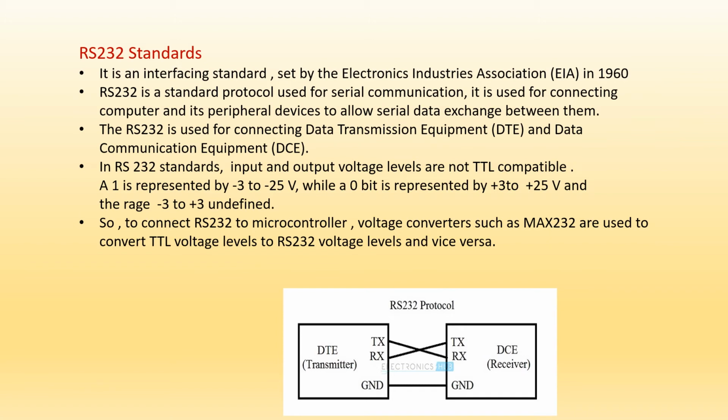Now printers usually have USB cables, but in earlier days the RS-232 cable was used to connect peripheral devices to the computer. In RS-232 standards, the sender is called the data transmission equipment and the receiver is called the data communication equipment.